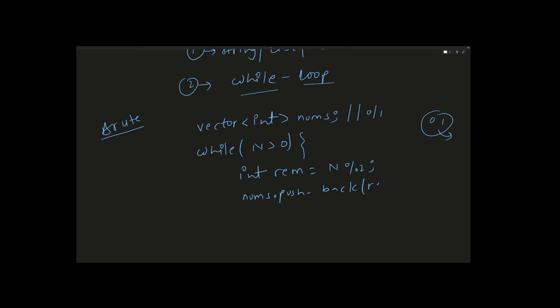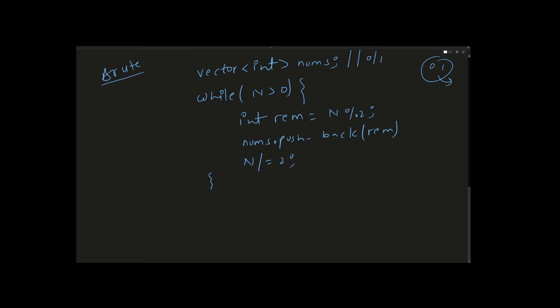So rem. Then after you divide n by 2. If n is 10, then 10 divided by 2 gives modulo 0 and quotient 5. Again divide by 2, quotient is 2, modulo is 1, then quotient is 1, modulo is 0, then quotient is 0 and modulo is 1.